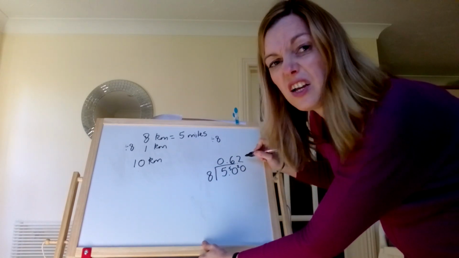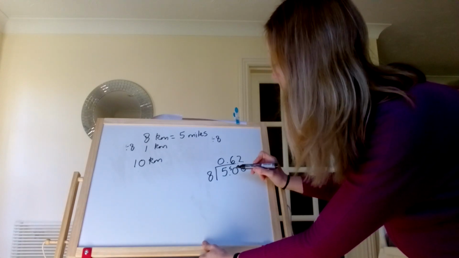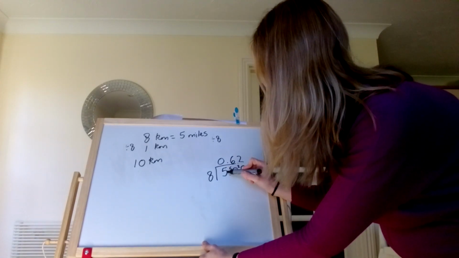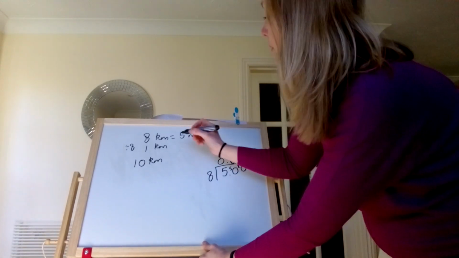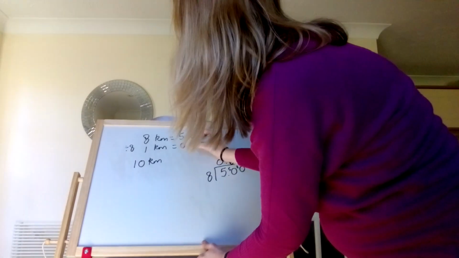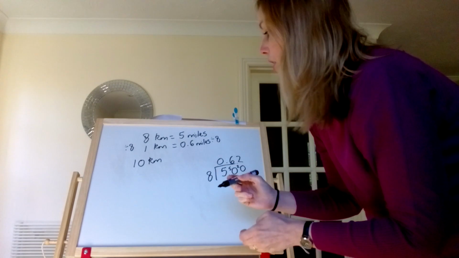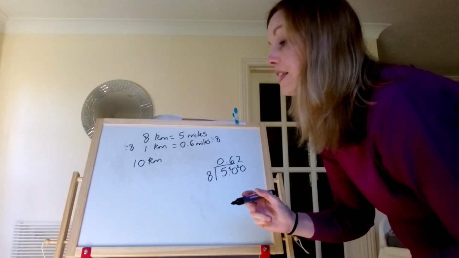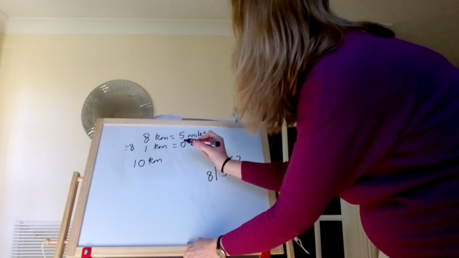Now, I want this answer to be approximate. I don't want an answer with lots of numbers after the decimal point. So I'm going to say that 5 divided by 8 is approximately 0.6. Okay, so 1 kilometre is approximately 0.6 miles. Now, if I want to know what 10 kilometres is, I've got 1 kilometre, which is 0.6 miles.